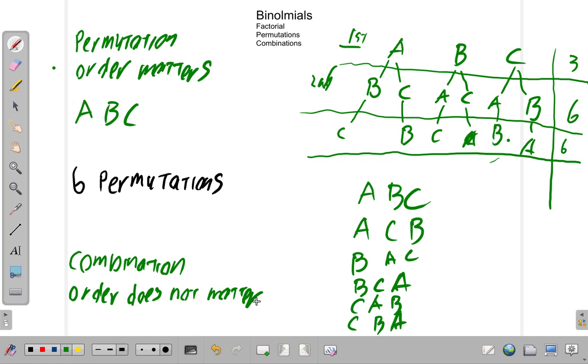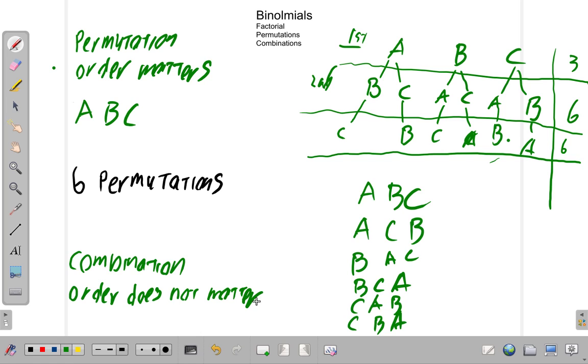Now suppose it's a case where you're carrying the paintings to a studio and you're going to put them in the trunk of the car. You just want to put the paintings in the trunk of the car to transport them. In that case, you might say the order doesn't matter. Whichever one you put first, just put the second and the third. It doesn't matter whether you put A first, B second, C third, whatever the case is. It doesn't matter.